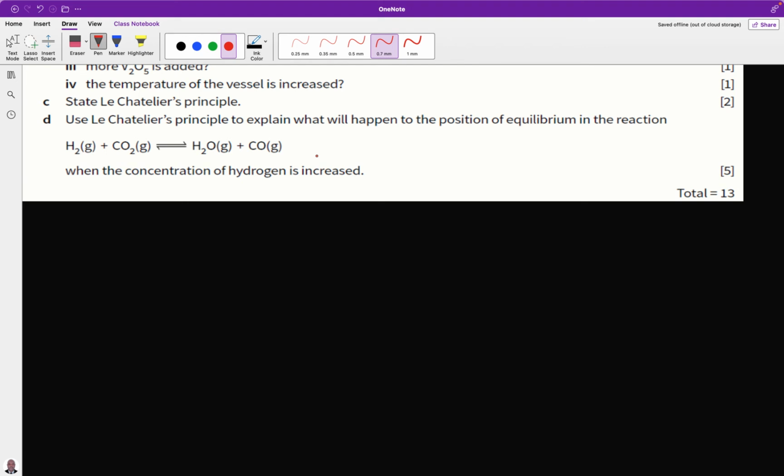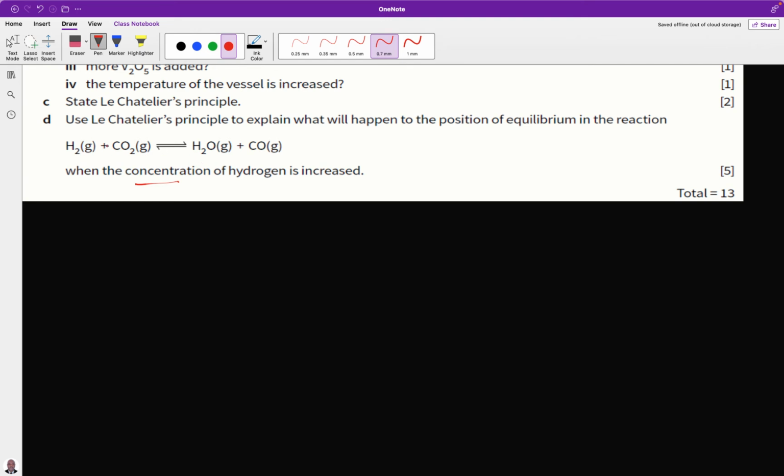But now, concentration is what matters. When the concentration of hydrogen is increased, the equilibrium is no longer there. So to have the equilibrium re-established, what do we need to do?